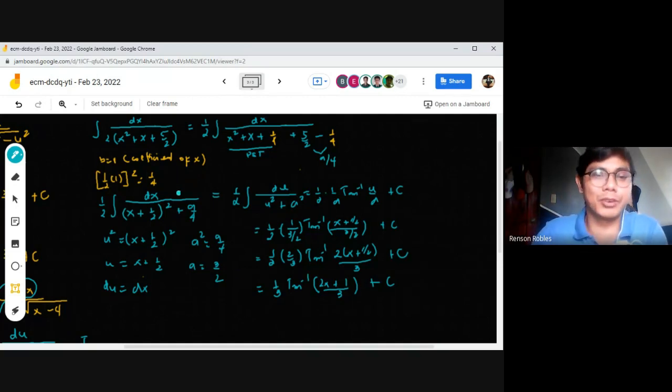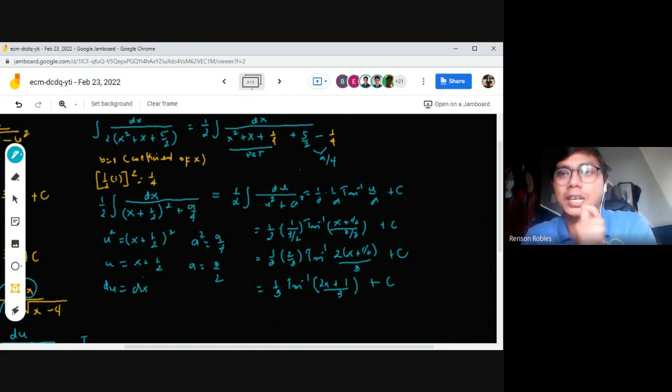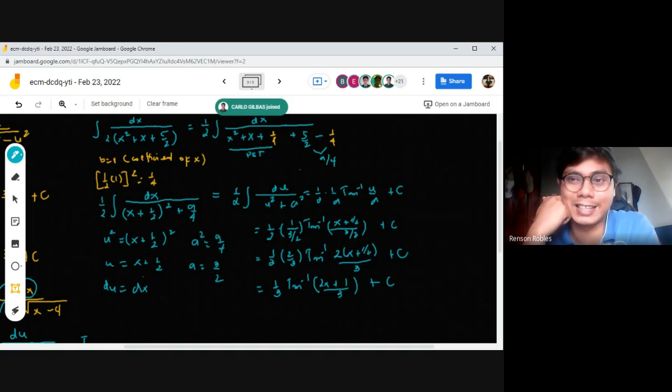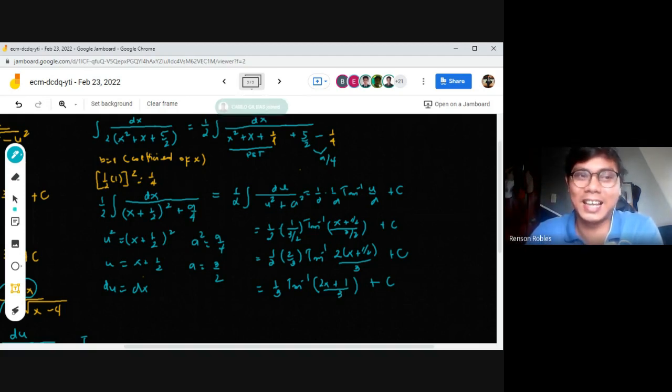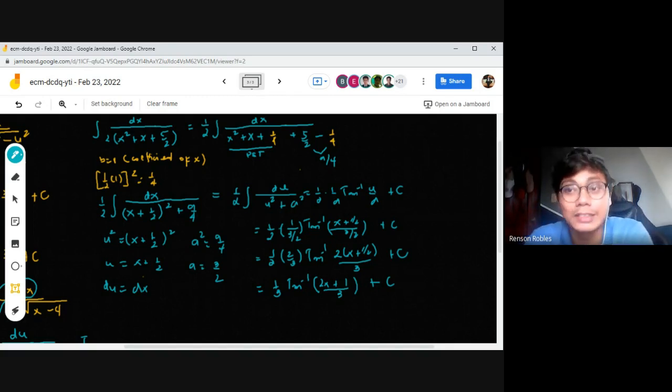Pagka halimbawa, for this one, pag ginamit niyo yung online solver, merong ibibigay siyang ibang sagot. And that answer, probably, gumamit siya ng special techniques of integration. Kasi mas madali kapag yun ang ginagamit. Lalo na dito sa inverse trigonometric function. Sir, paano po yun? Mali po ba yan? Tama yun.